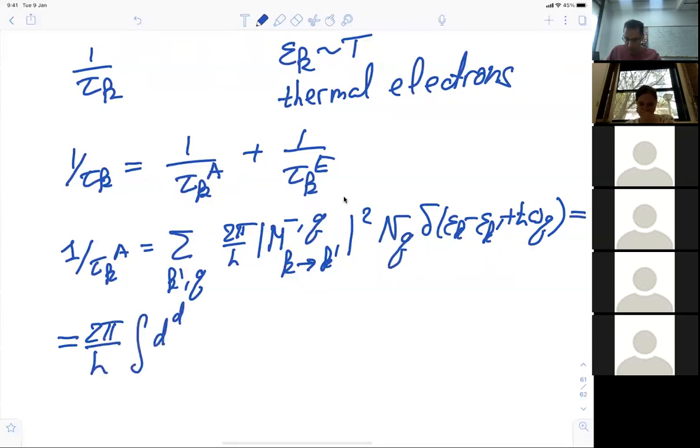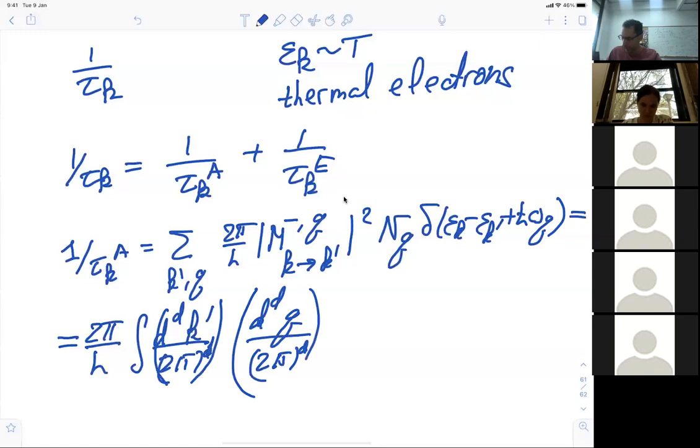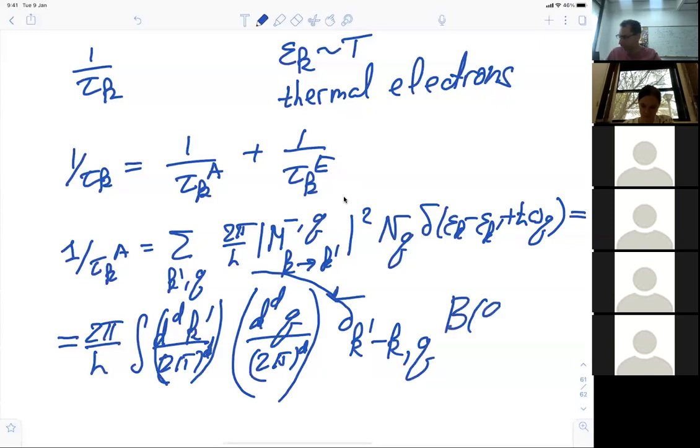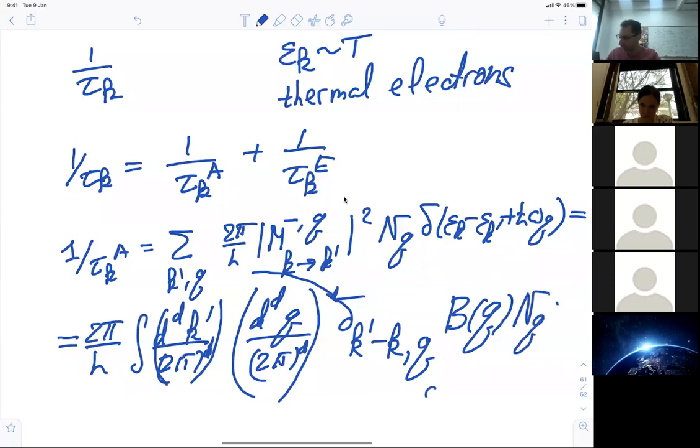So this will be a d-dimensional integral over k prime over 2 pi to the power d, and a d-dimensional integral over q over 2 pi to the power d, with the delta function and the matrix element M. Let me write the matrix element M. It will be proportional to the delta function of the momentum conservation, b of q, and then the remaining part of this expression, N, and the delta function that corresponds to energy conservation.